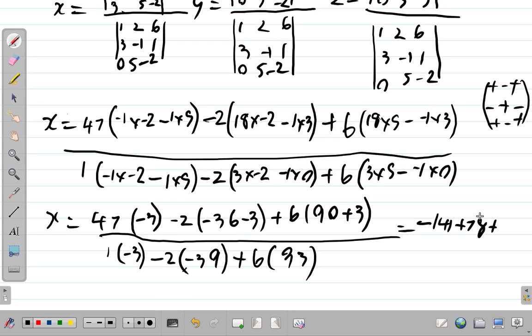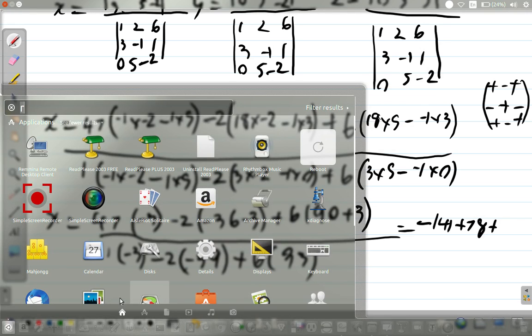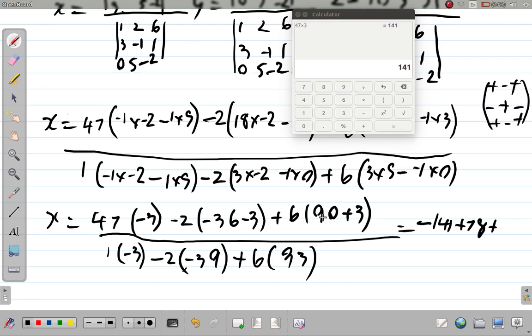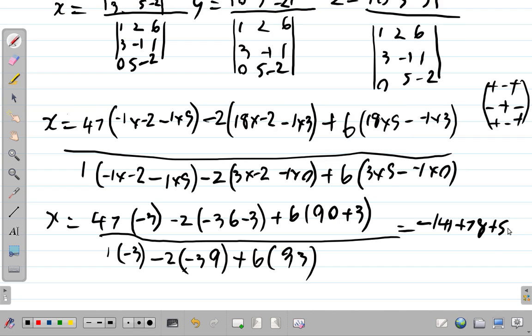Plus 6 times, well, this looks like it will be 6 times 93. 90 plus 3 is 93. 93 times 6 gives you 558. So you have 558 here, divided by, what would this be now?